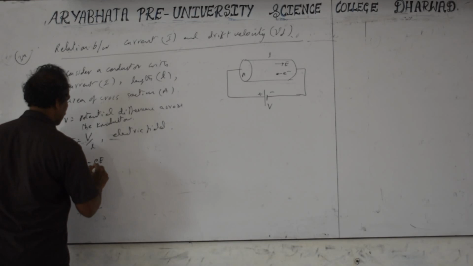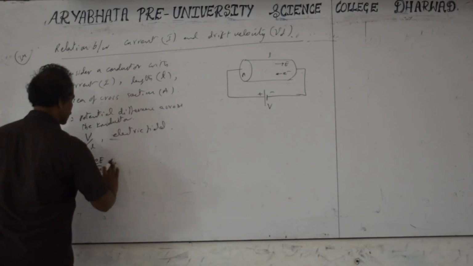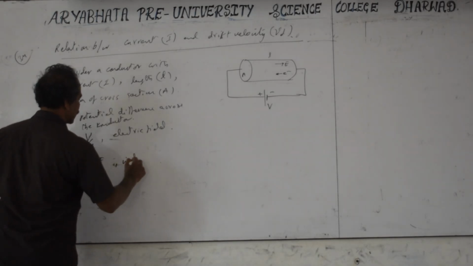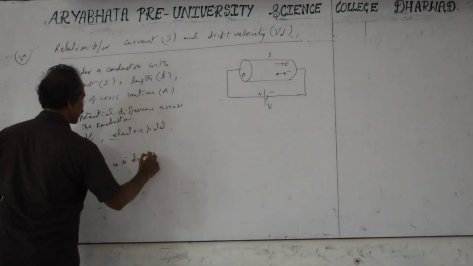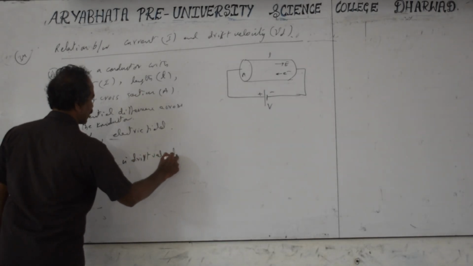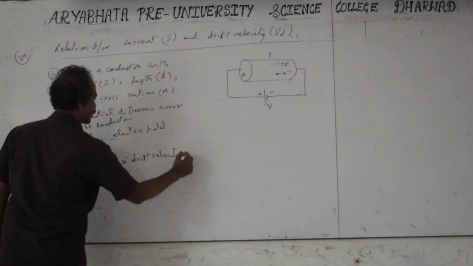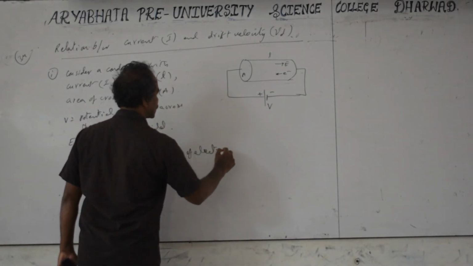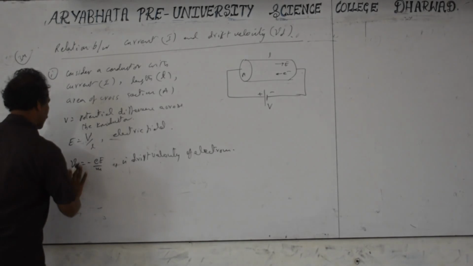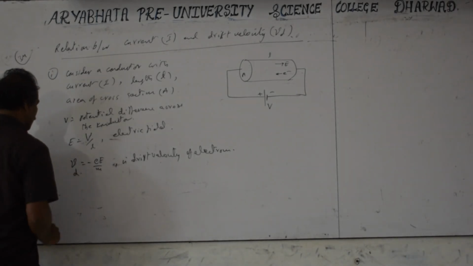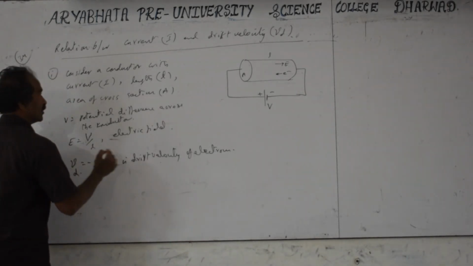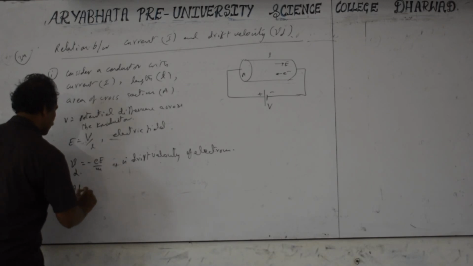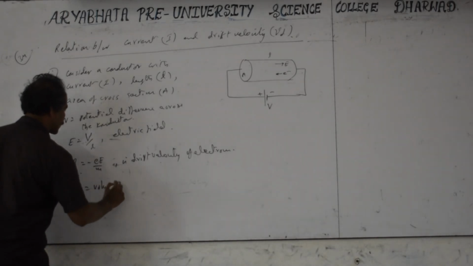Vd equals minus eE by m, the drift velocity of electrons inside the conductor. And the other important part is volume: area into length equals the volume of the conductor.